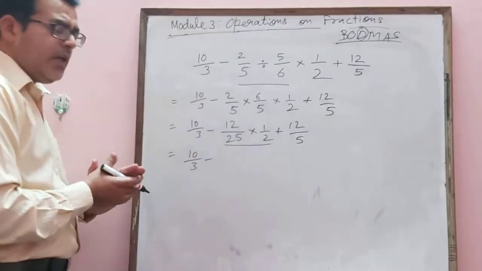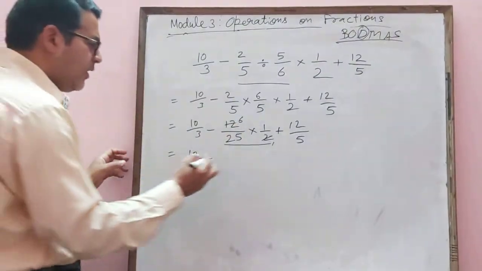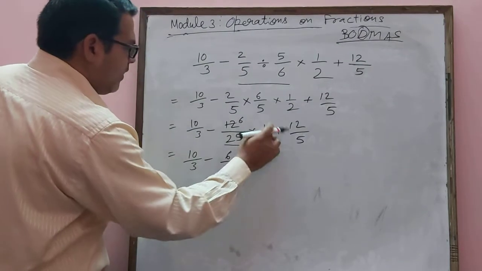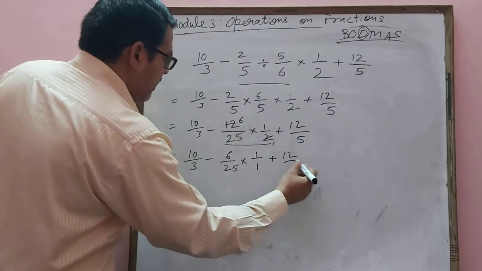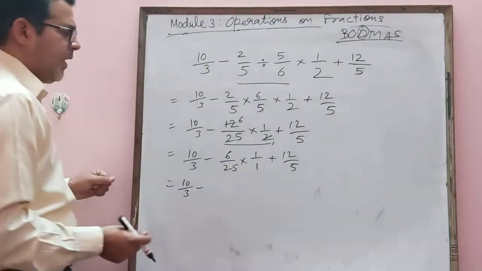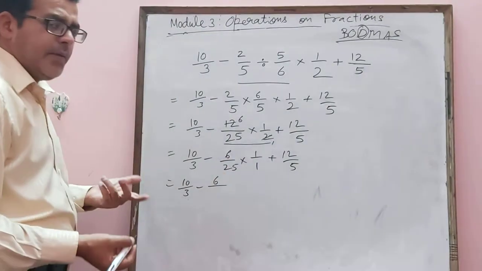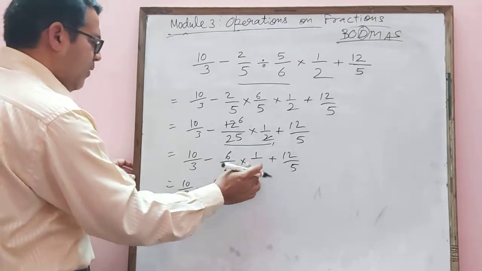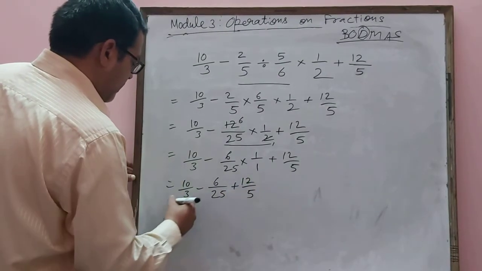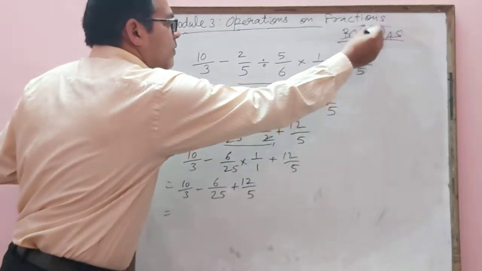You can see 12 by 2 is divisible 6 times, so we have 6 by 25 into 1 by 1, and 12 by 5 as it is. 10 by 3, then minus 6 by 25. So we performed multiplication also.